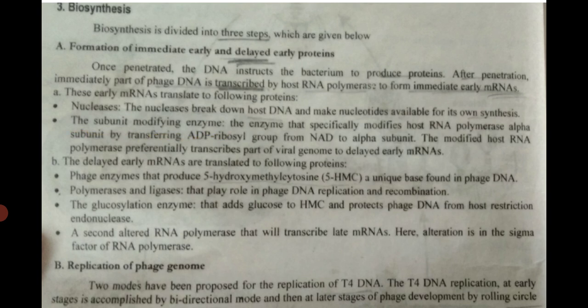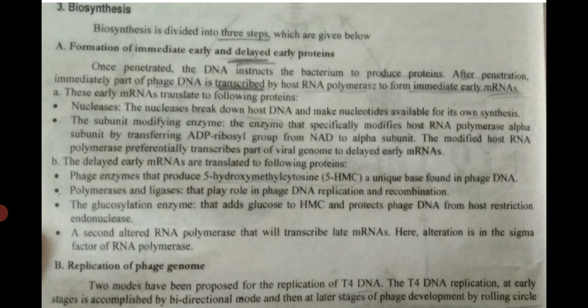The nucleases break down the host DNA, that means the DNA of E. coli, and after the breakdown of this DNA, nucleotides become available, which are used for the replication of viral DNA.